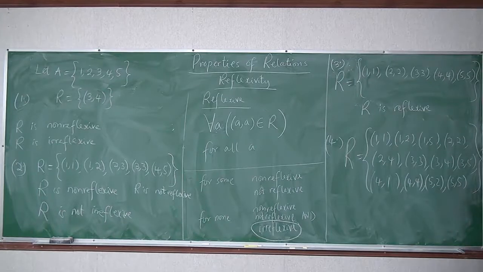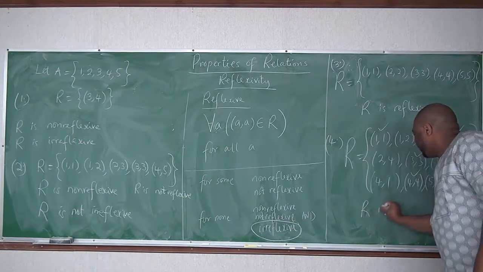So if you have a relation like this on that set, provided we saw 1, 1, 2, 2, 3, 3, 4, 4, 5, 5, that is all we need. Provided we have this, then R is reflexive.